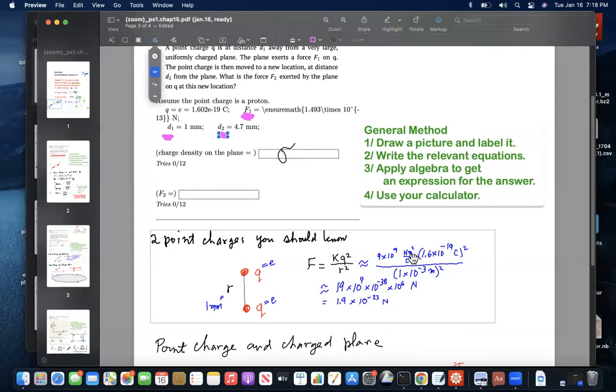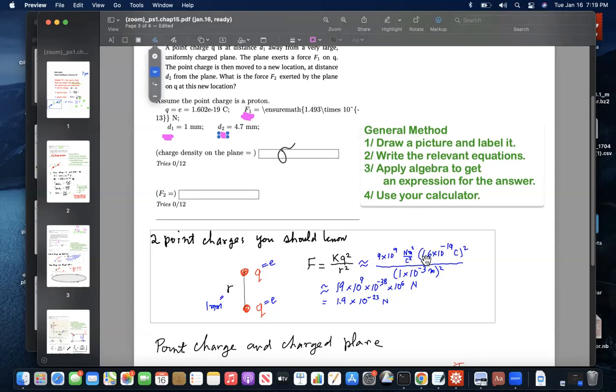And the answer is a number with a unit. Don't lose track of the unit. Let's see what the number is. It's 9 times 10 to the 9th times 1.6 times 10 to the minus 19, squared, divided by 1 times 10 to the minus 3, squared. So here you have 1.6 squared times 9.